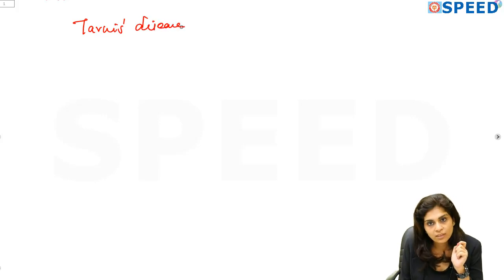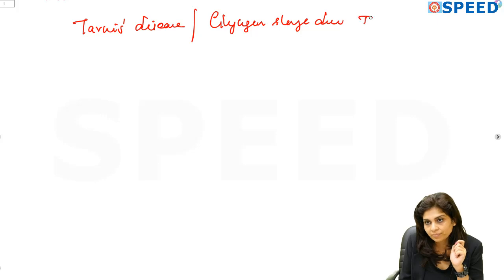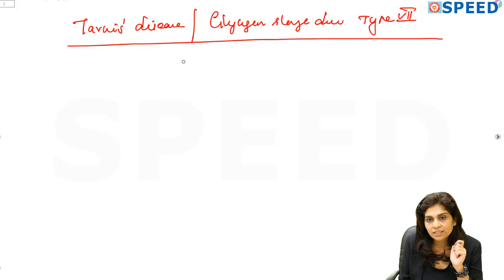For example, Tarui's disease. Don't worry if you don't know this disease, memorize it now. Tarui's disease is otherwise called as glycogen storage disease type 7. And the enzyme which is defective in this condition is phosphofructokinase 1.